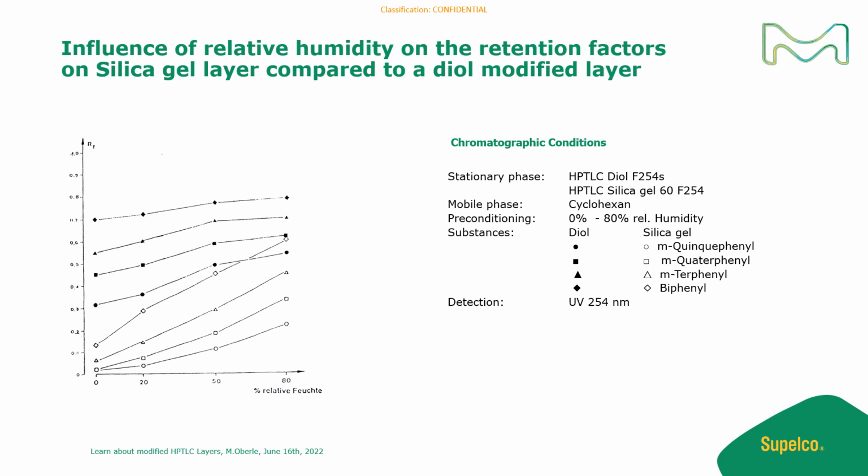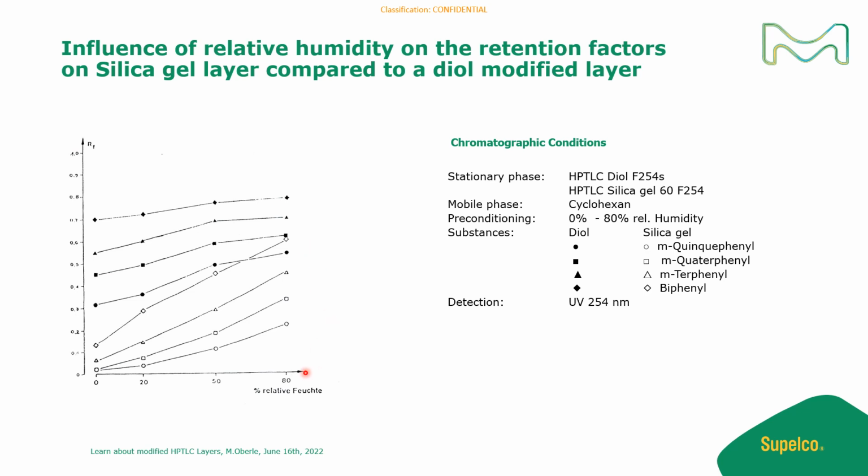In the upper part of the diagram, you can see the minimal change of the RF values of all four substances over the humidity range from 0 over 20, 50 to 80% relative humidity, measured on the diol layer.